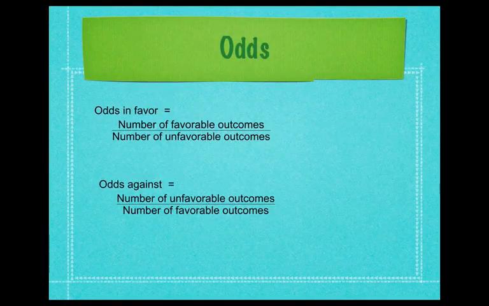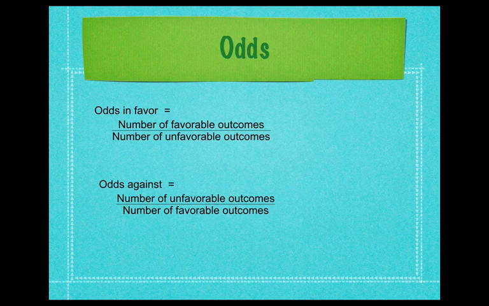Our last topic is odds. Odds are a little bit different in probability because we can talk about the odds in favor of an event and the odds against an event. In favor of an event, you want to take the ratio of the number of favorable outcomes to the number of unfavorable outcomes. Notice we're not taking total this time. For odds against, we reverse that.